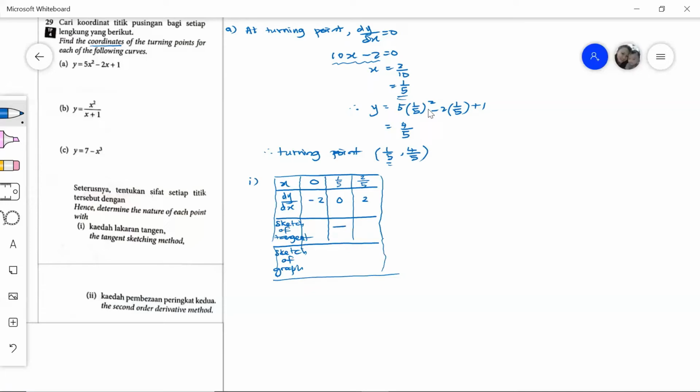A negative gradient means the tangent goes downhill, and a positive gradient means the line goes uphill. Combining these two, we have a graph that goes like this, because at the turning point it's flat. This is how the tangents look. From here, we know it's a smiling graph. Therefore, we conclude that 1 over 5, 4 over 5 is the minimum point.